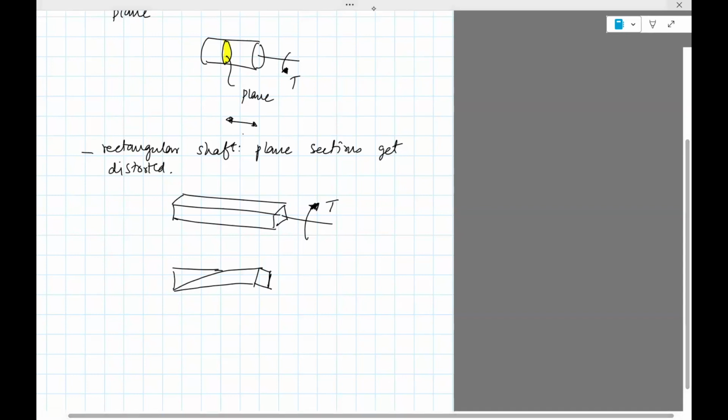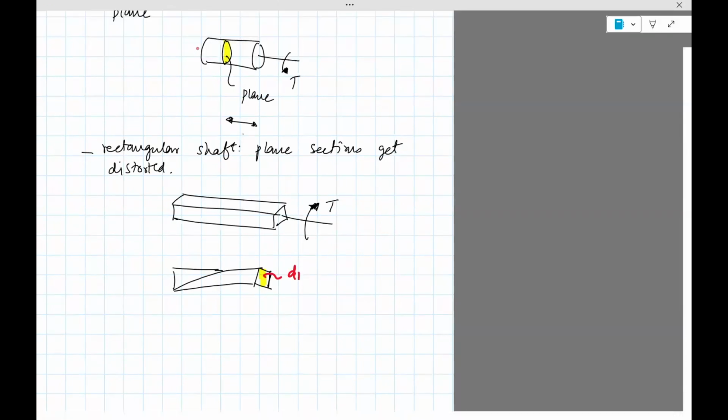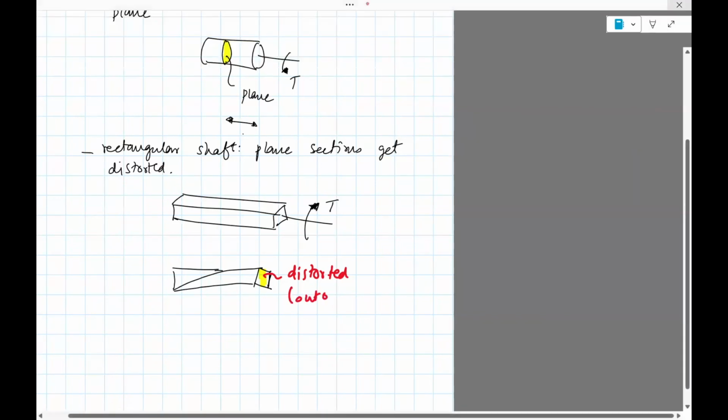So this face is distorted. And it's actually also out of plane.